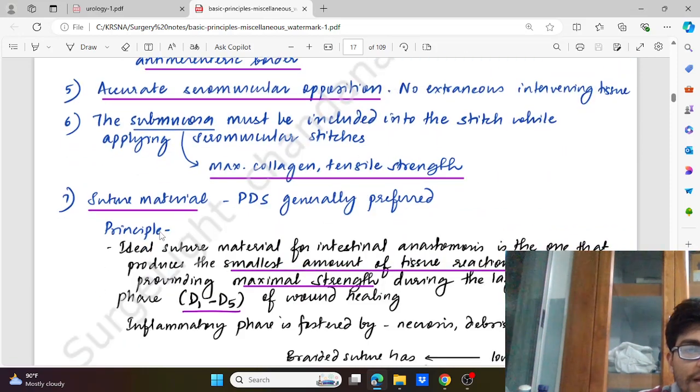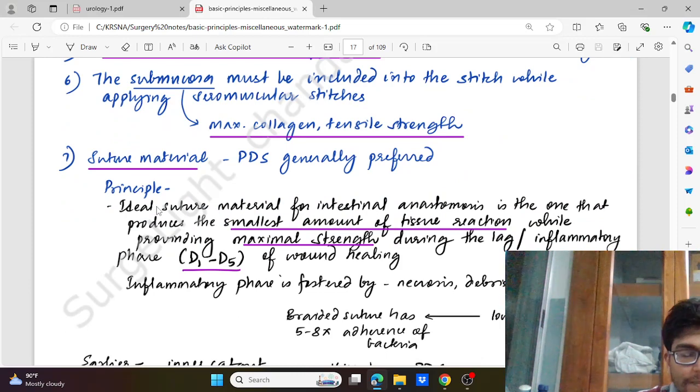Then the suture material, ideally it is PDS. Here we have to consider that the ideal suture material for intestinal anastomosis is one that has minimal tissue reaction while providing maximum strength during the lag or inflammatory phase, that is day 1 to day 5.